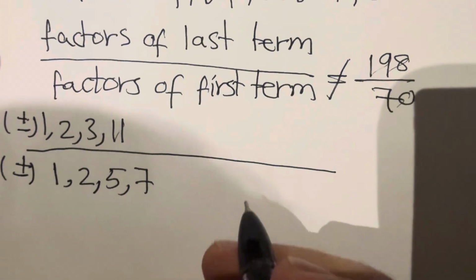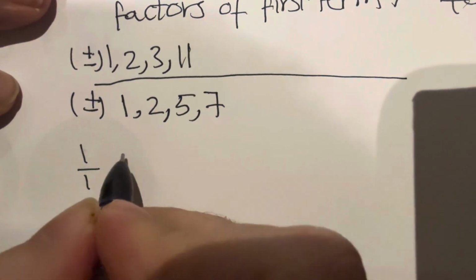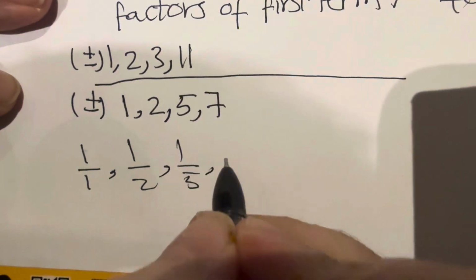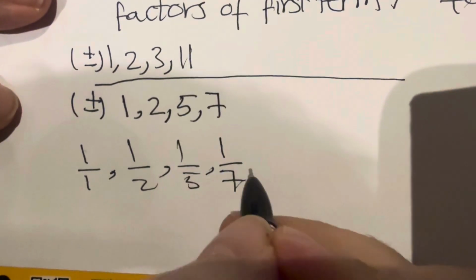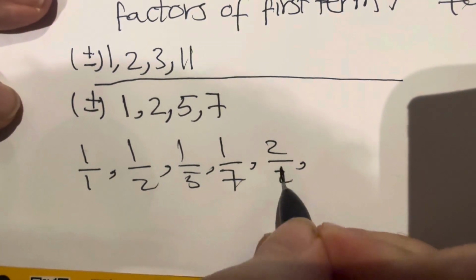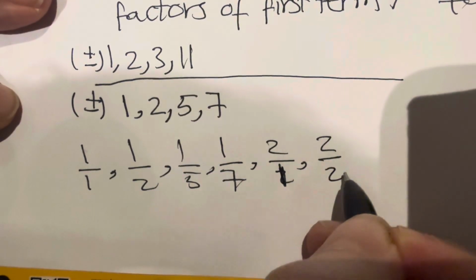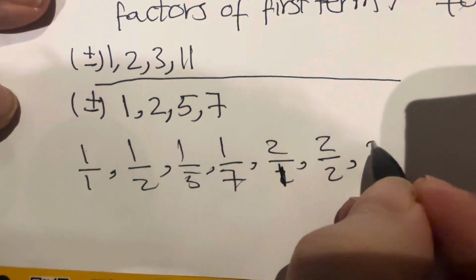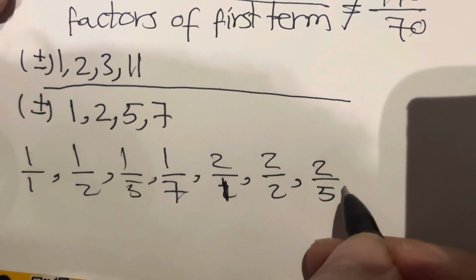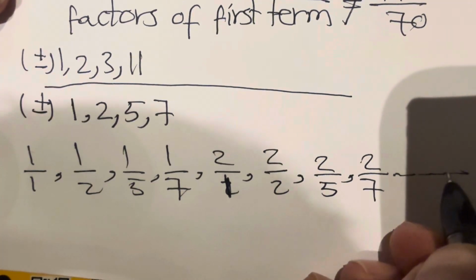For example, we have 1 over 1, 1 over 2, 1 over 5, 1 over 7, 2 over 1, 2 over 2, 2 over 5, 2 over 7, and so on.